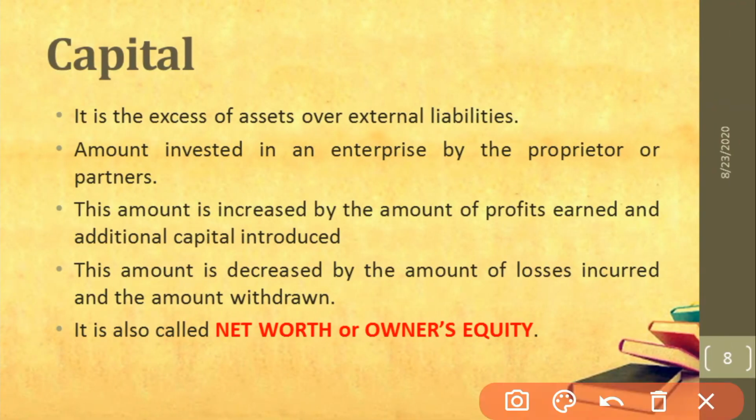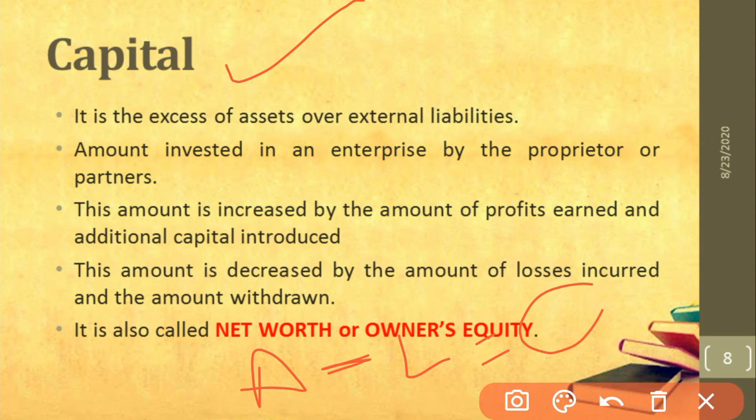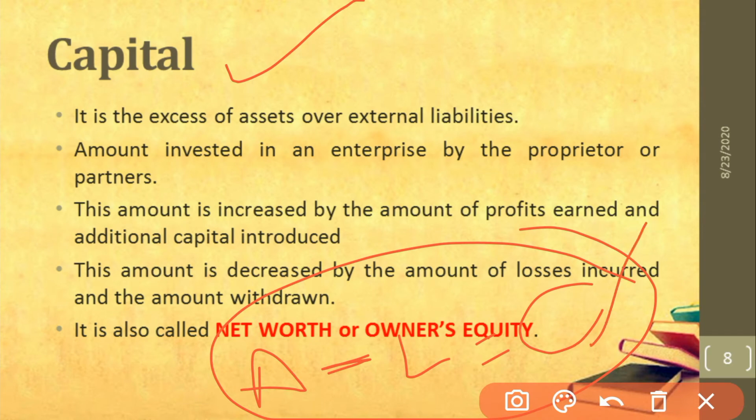Now another concept is capital. In accounting terms, I can easily say assets minus the external liabilities is equal to capital. What are external liabilities? The outsiders to whom I have to pay are known as the external liabilities. So in simple terms, capital is equal to assets minus external liabilities.